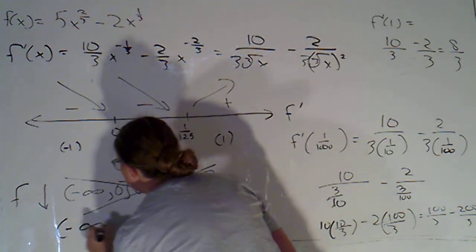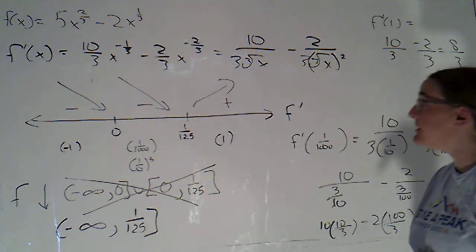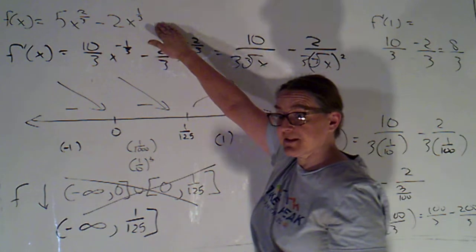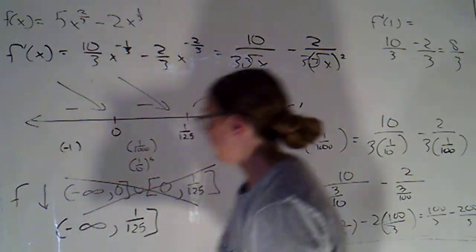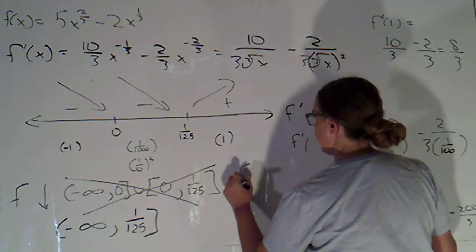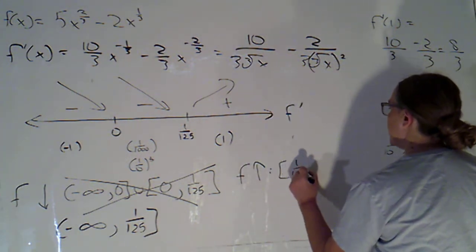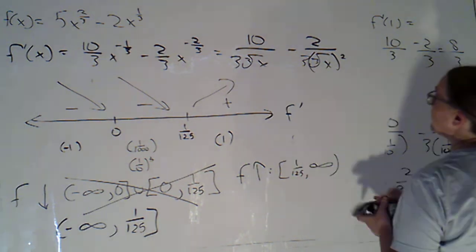So from negative infinity to 1 over 125, including that finite endpoint, because this was a continuous function. Okay. And then I can say f is increasing on the interval from 1 over 125 to infinity.